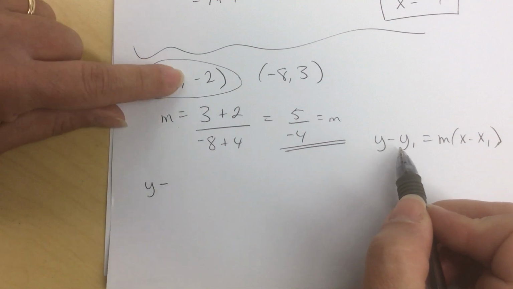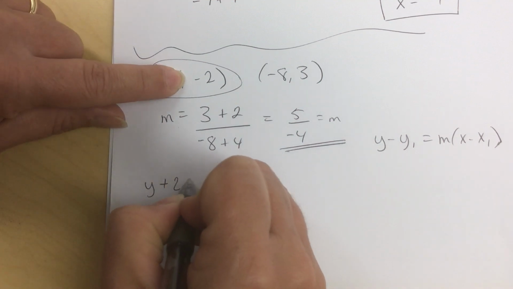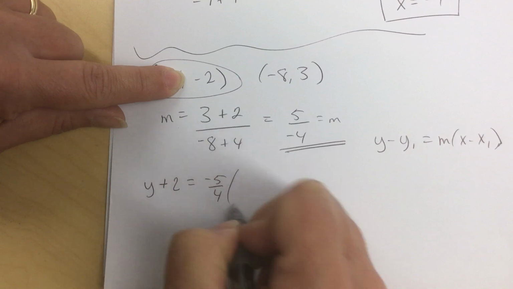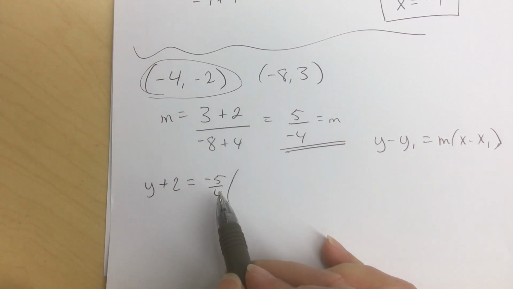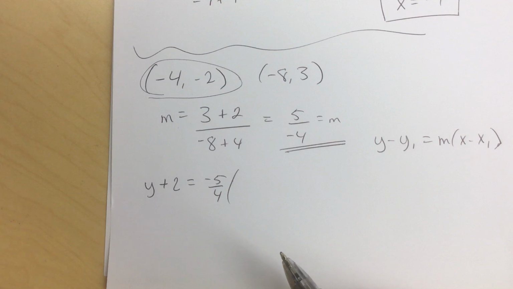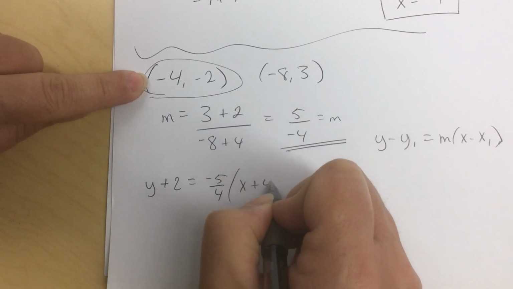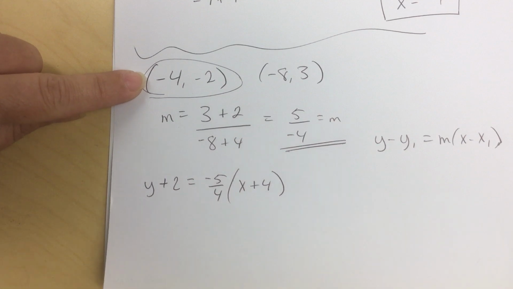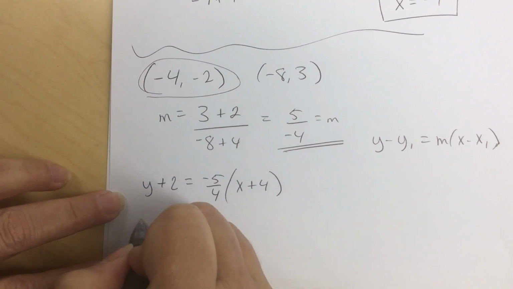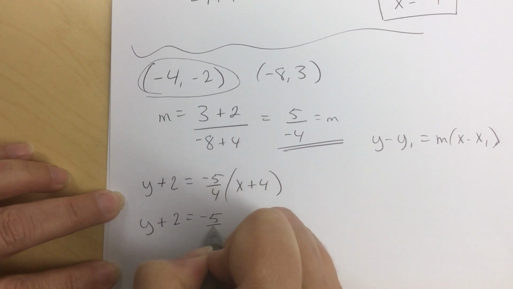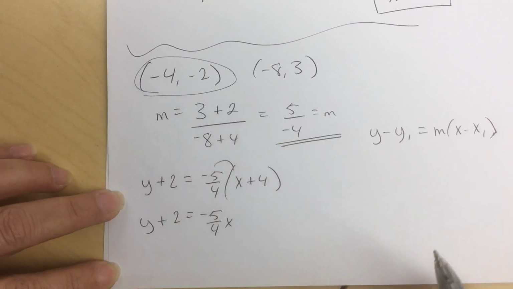So y minus negative 2 is y plus 2. My slope is negative 5/4. Notice I put the negative on the top number in my numerator. And then x minus the x value, so plus 4, because minus a negative 4 is plus a positive 4. So y plus 2 is equal to negative 5/4 x, because you just take that times that.